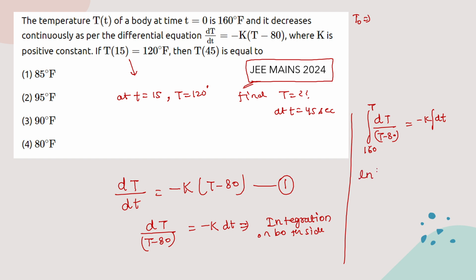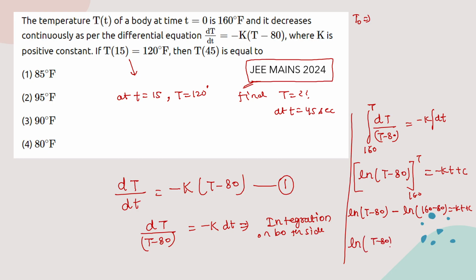So the ln of T minus 80 with the limits 160 degrees Fahrenheit to T is equal to minus kt plus C. When you put the upper limit, it will become ln of T minus 80 minus ln of 160 minus 80 is equal to minus kt plus C. So can we say that we will be getting here ln of T minus 80 minus ln of 80 is equal to minus kt plus C. Okay, let me write on the next page.